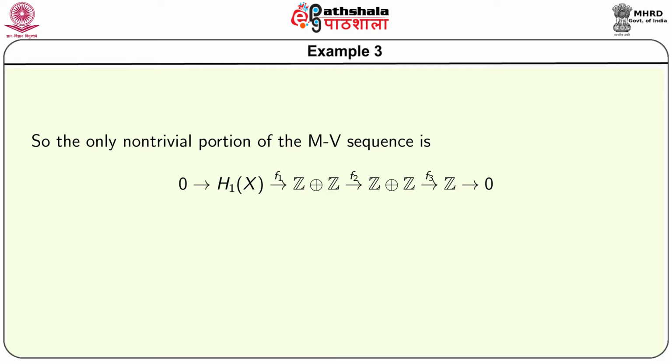So, the only non-trivial portion of the Mayer-Vietoris sequence is: 0 goes to H1(X), goes to Z direct sum Z via the map F1, Z direct sum Z to Z direct sum Z via the map F2, and Z direct sum Z to Z via the map F3, and then Z to 0.